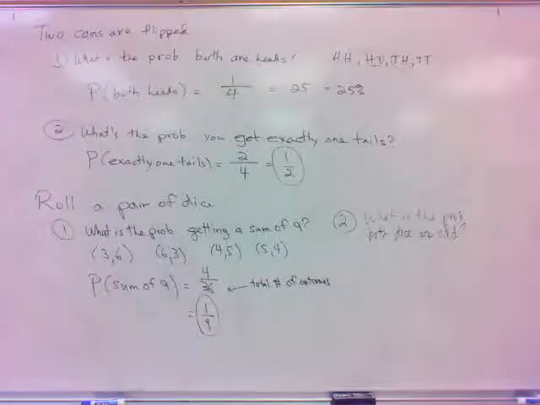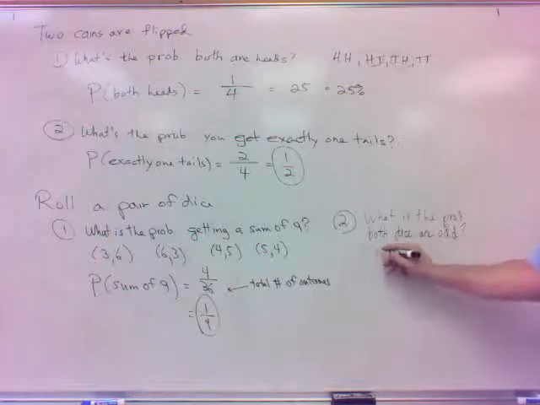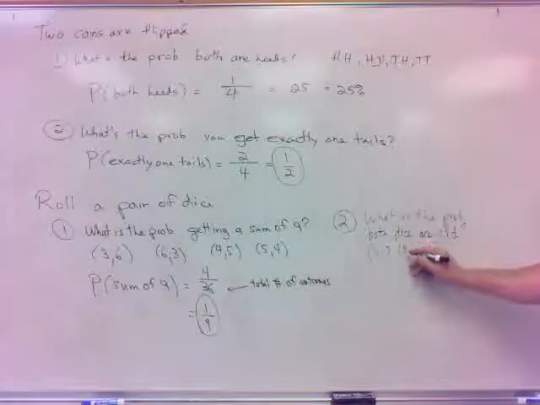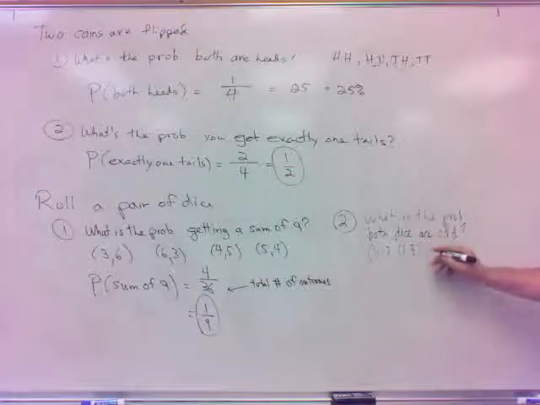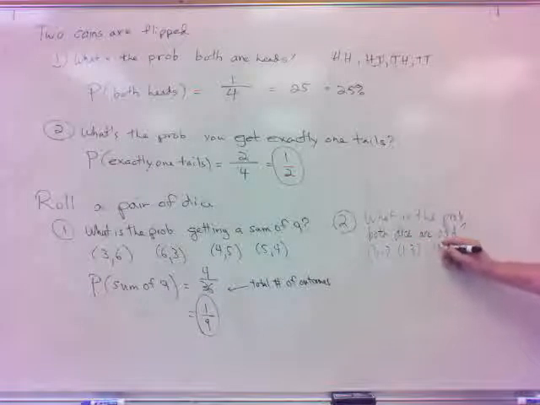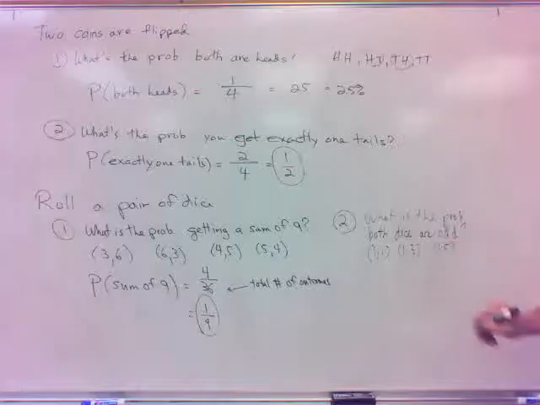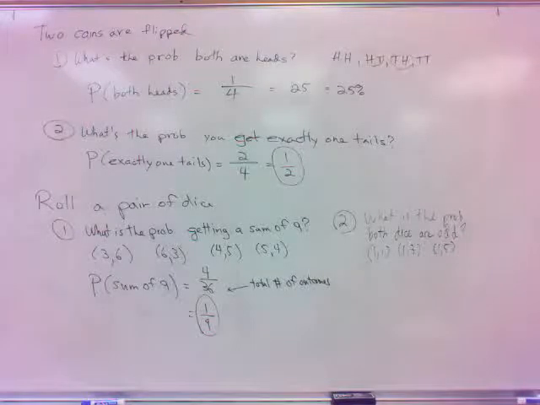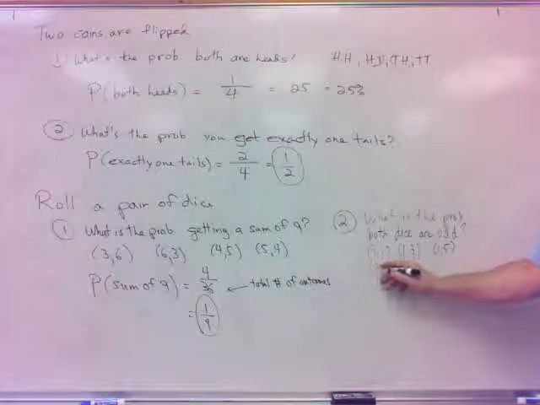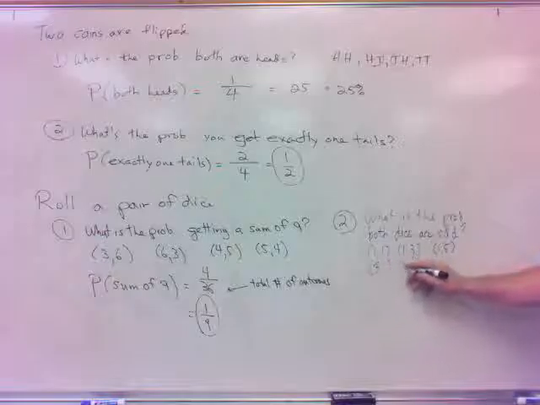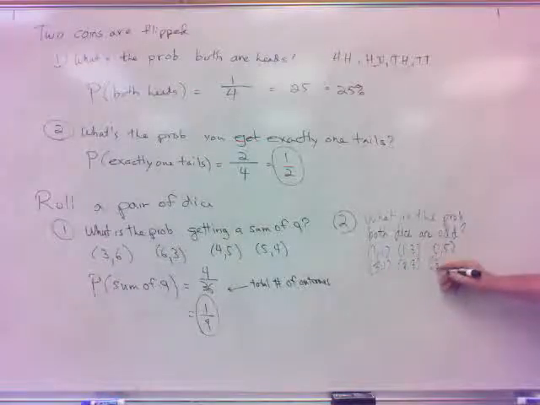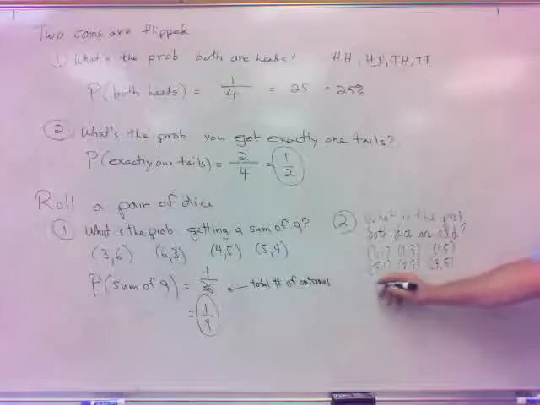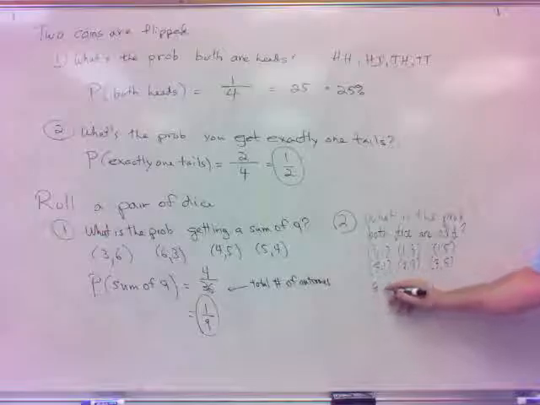Well, we could have 1, 1. That would be odd, right? Then we'd have 1, 3. What else? 1, 5. What about 3, 1, 3, 3, 3, 5? What about 5, 1?